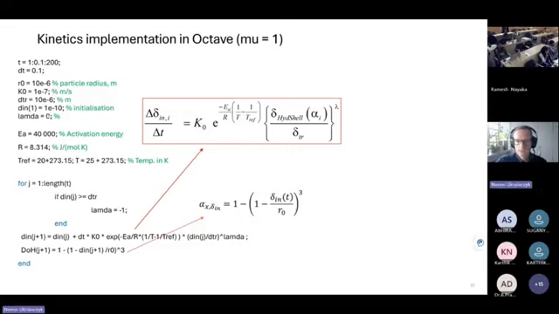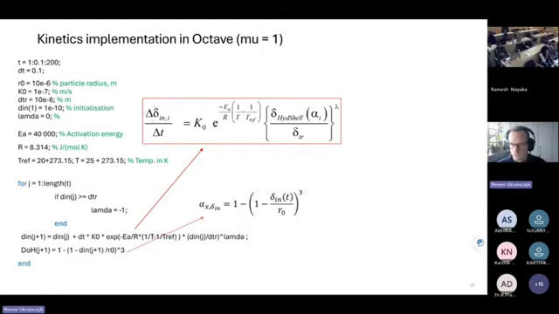You just define the parameters, and then you enter the loop because you want to solve for how the penetration front of that red part shrinks and develops with time. So this is the equation you see.